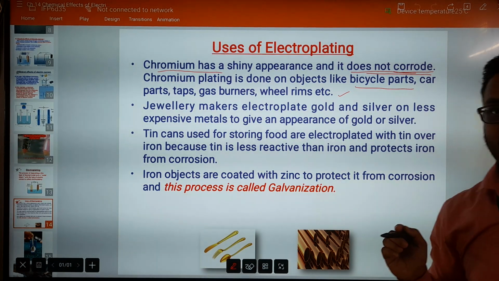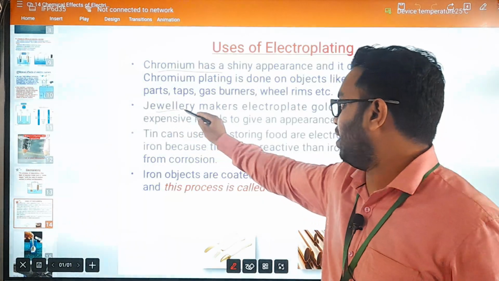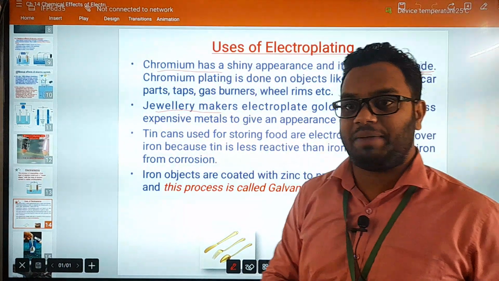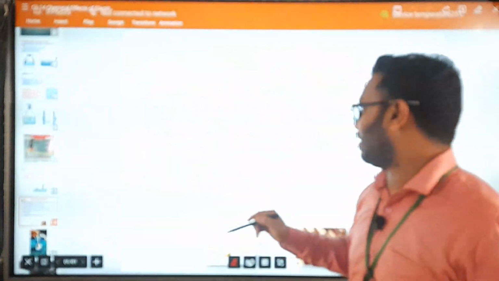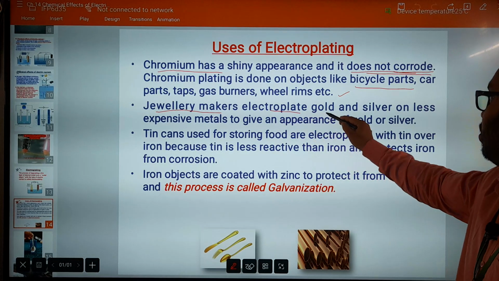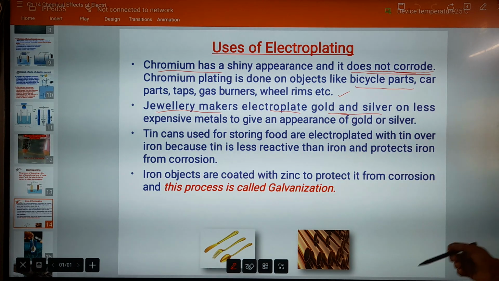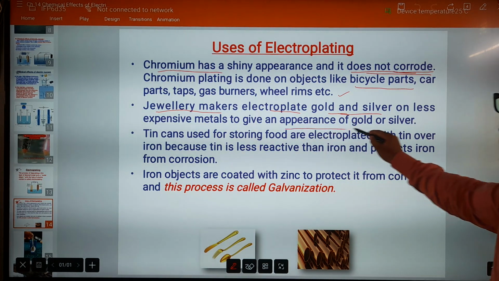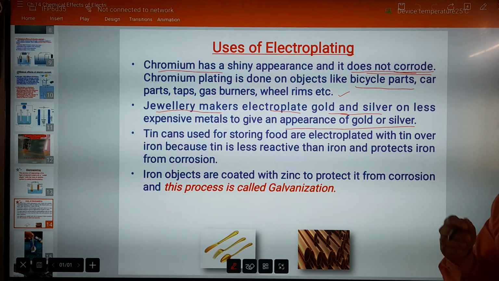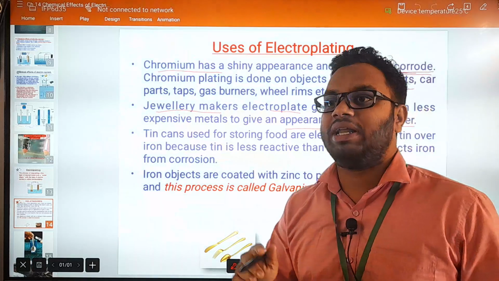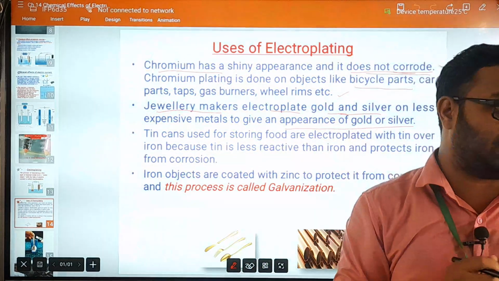Understood? Now the second point is about jewelry. In the last class I already taught you that jewelry makers electroplate gold and silver on less expensive metals to give an appearance of gold or silver. In this way the whole metal is not gold, only the upper layer is gold or silver.